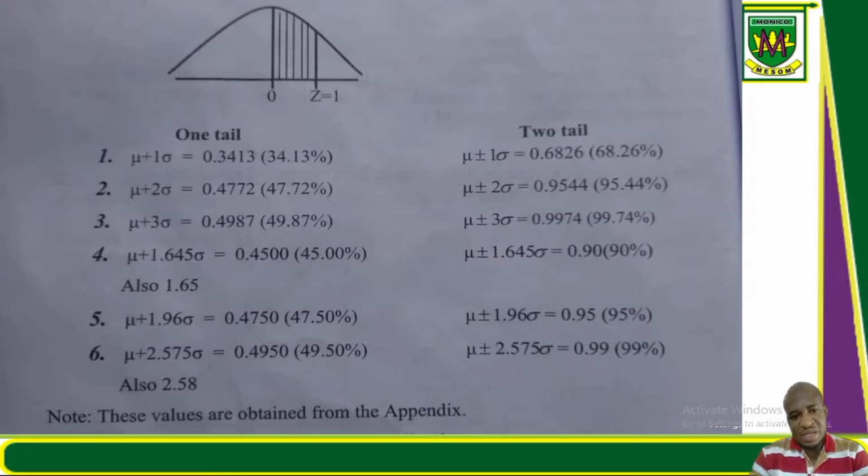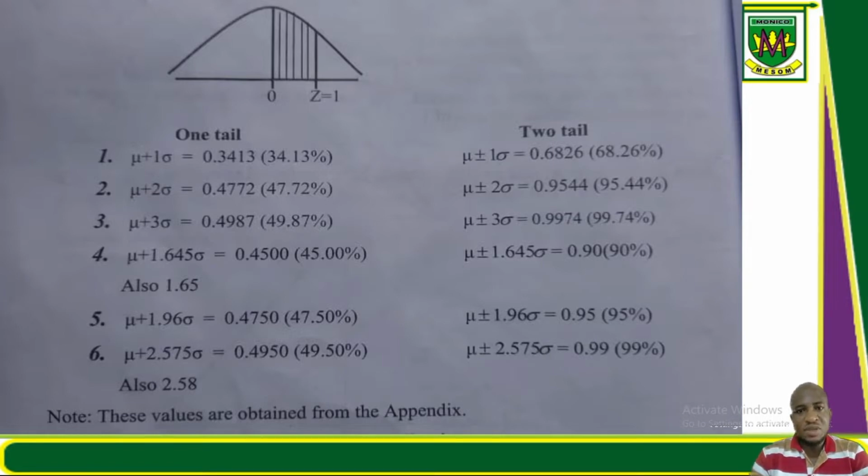In research, we learned that when we are testing hypotheses, we quote two major hypotheses. The first one, which is the null hypothesis, and the second one, which is the alternate hypothesis. And with the alternate hypothesis, we can formulate it in two main ways.